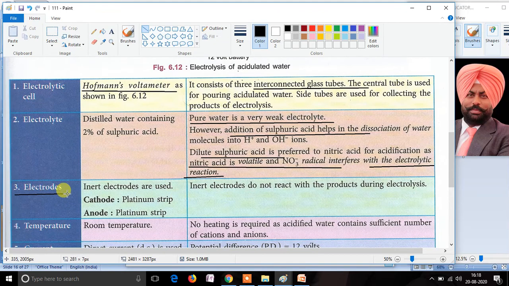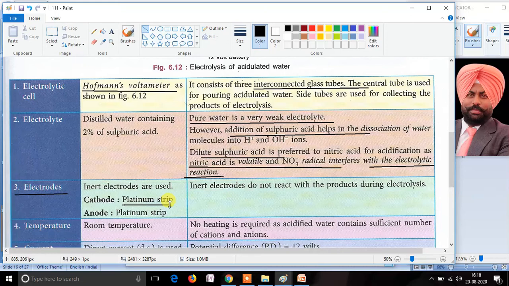Here the electrodes which we have to use are made of platinum. In our previous videos, we have studied that there are several other inert electrodes like graphite and iron, but we don't use them here. The reason for not using graphite and iron electrodes here is that graphite is carbon and it reacts with oxygen.